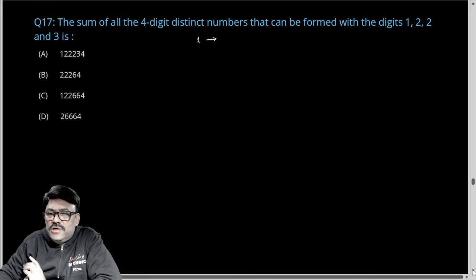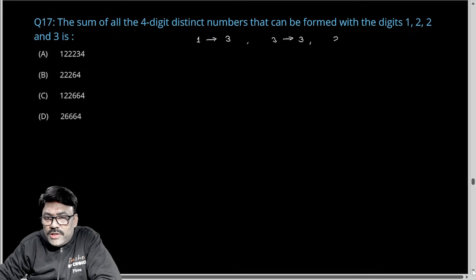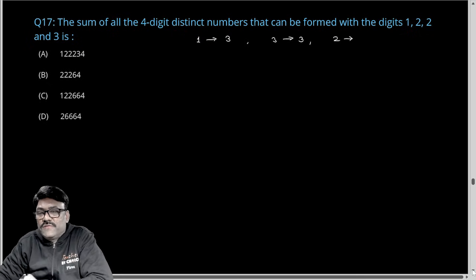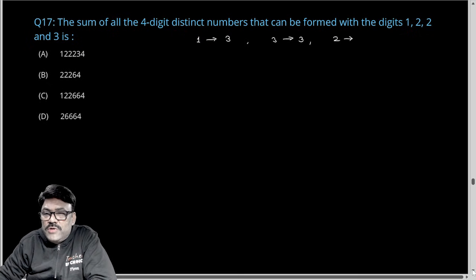Similarly, 3 also occurs 3 times. How many times does 2 occur at the unit place? If I fix 2 at the unit place, the remaining 3 digits 1, 2 and 3 can be arranged in 3 factorial ways, which means 6 ways.